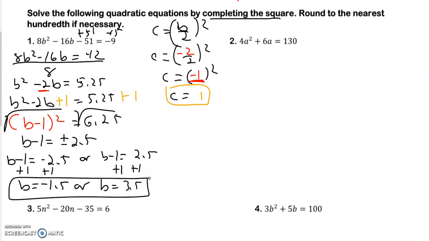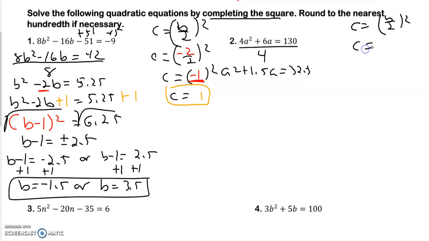Taking a look at the next one. This one is good to go, except that we have a 4, which we don't like, so we have to divide by 4. So we get a squared plus 1.5a equals 32.5. And then I do c equals b over 2 squared.